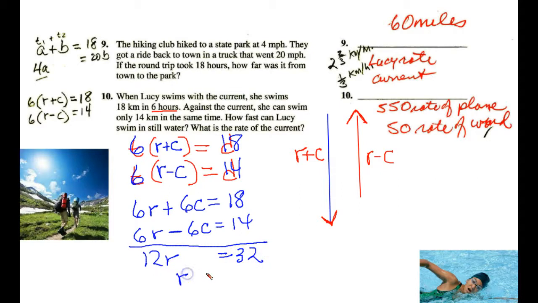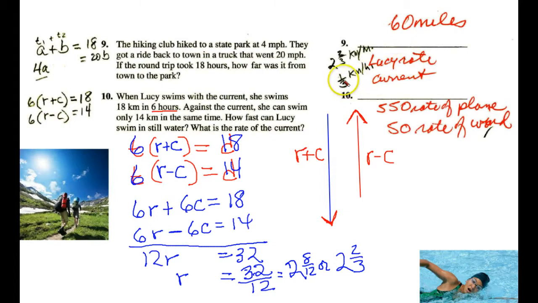So her rate then will be 32 divided by 12, which is 2 8/12, or 2 2/3, which is what we have for Lucy's rate.